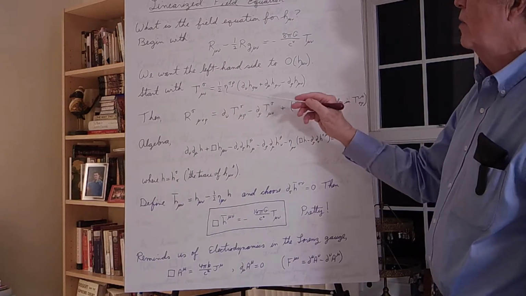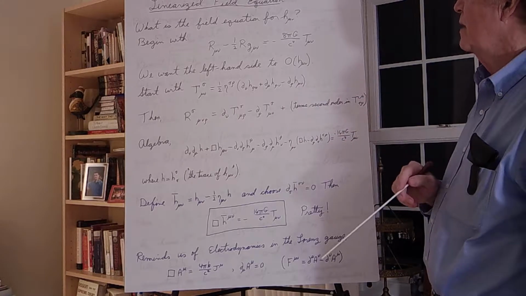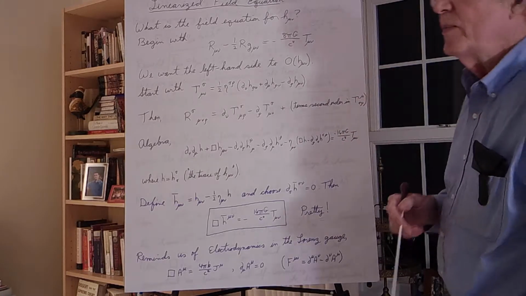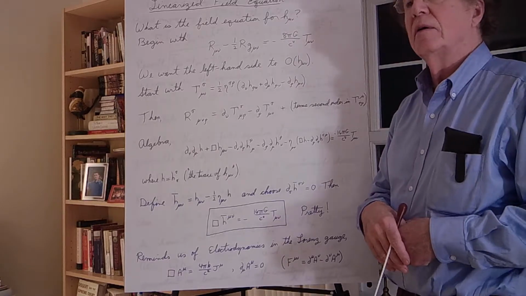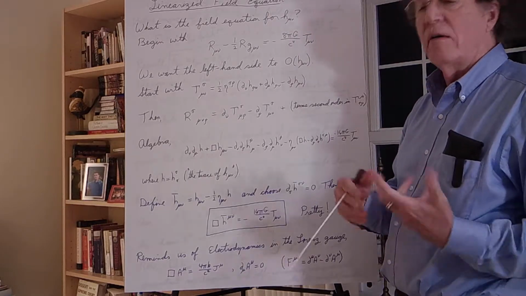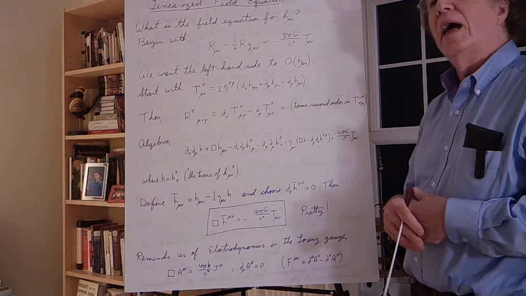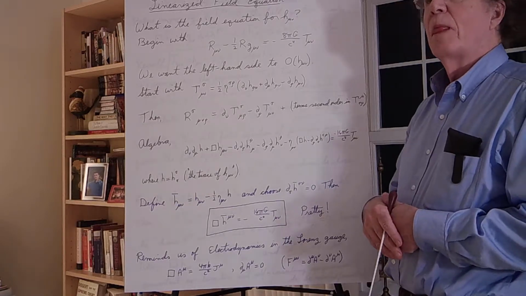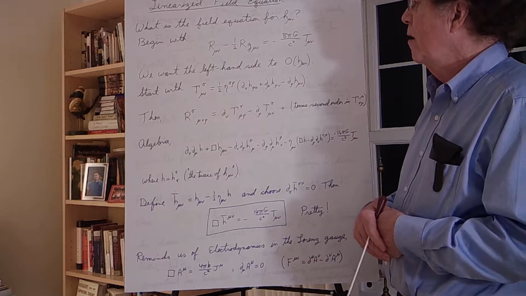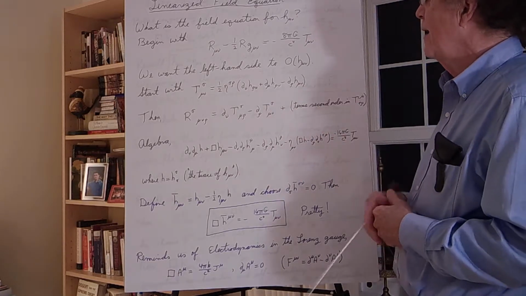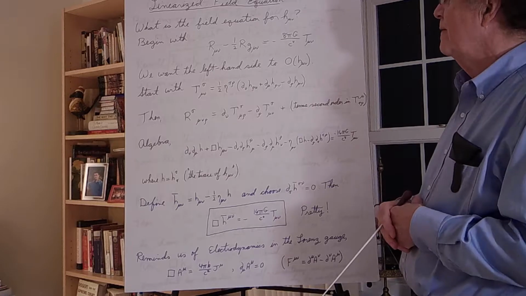Okay, I start with my Christoffel symbols and I write them down here. Remember, we have the Christoffel symbols written in terms of g, a general metric, which could be very far from the Minkowski metric. And now I replace g by eta, the Minkowski metric, plus small deviations. And so when I do that, I get this expression over here.